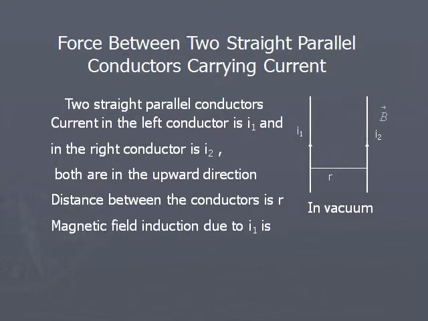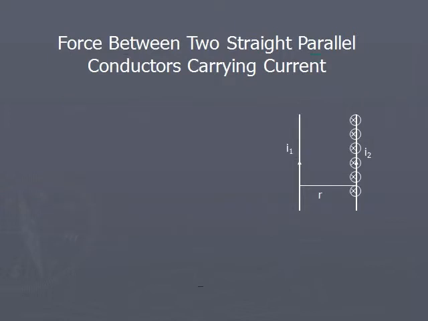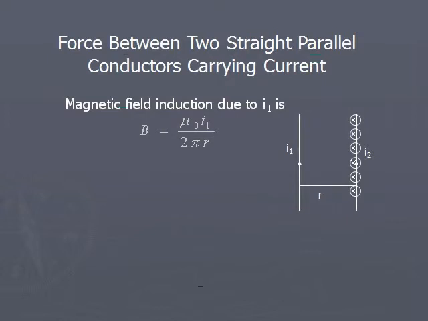Now magnetic fields will be created by both the conductors. Now I am imagining only the magnetic field due to the current I1. From Ampere's theorem, we can write the magnetic field induction at a distance R as B is equal to mu naught I1 divided by 2 pi R. So at the place of the current I2 carrying conductor, the magnetic field induction is mu naught I1 by 2 pi r.